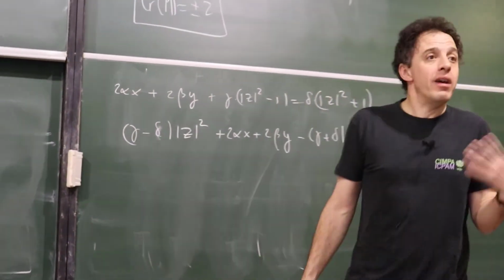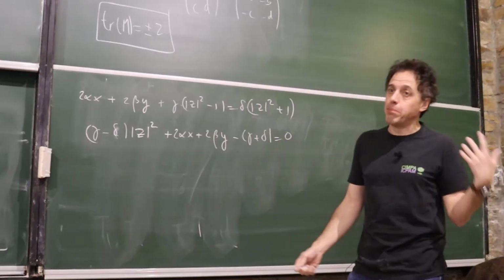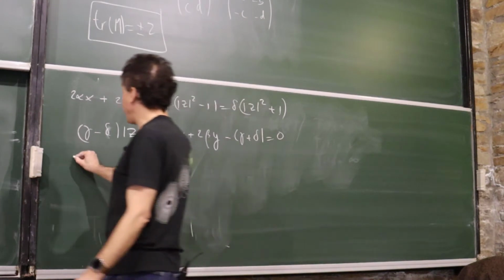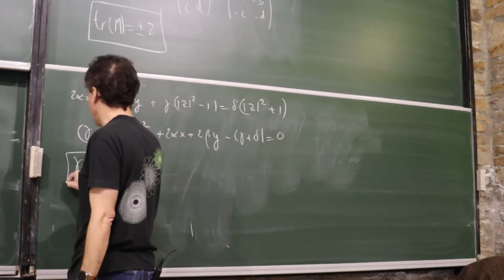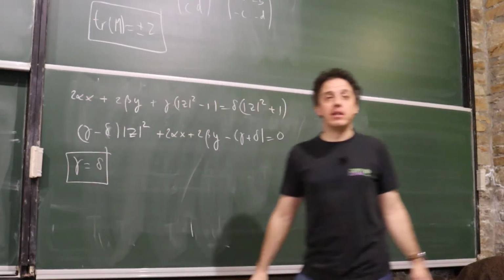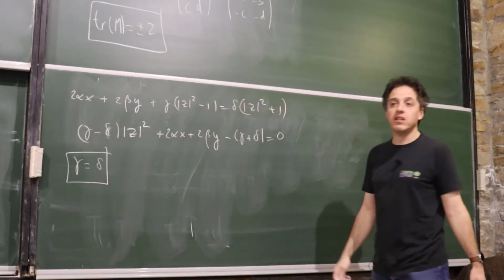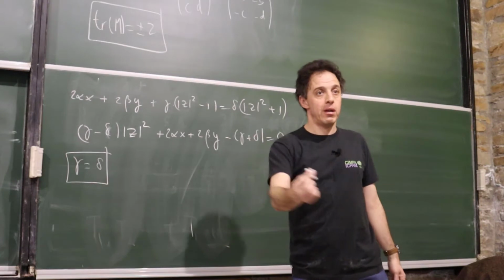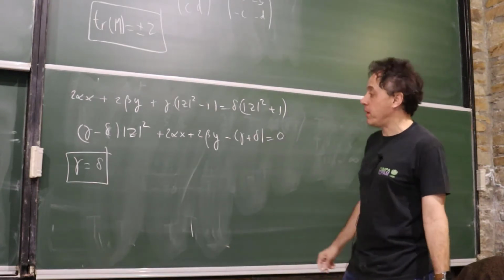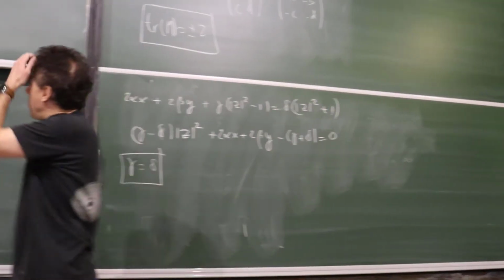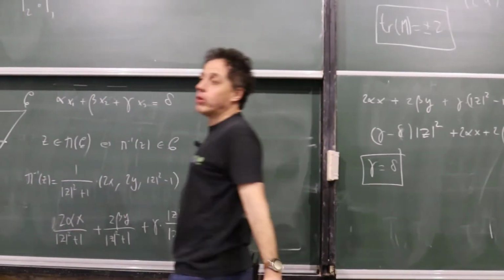This is normally a traditional circle, but it can be another thing. For instance, it may happen that gamma equals delta. If gamma is equal to delta, this term does not appear. So what you have here is the equation of a straight line. When can gamma equal delta?